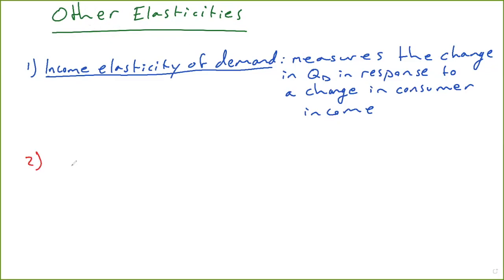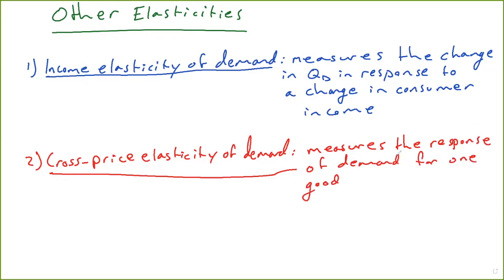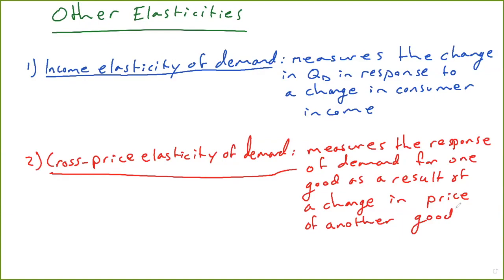The second type of elasticity we want to consider is what's called cross-price elasticity of demand. And that's going to measure the response of demand for one good as a result of a change in price of another good. So you might be wondering, why would the price of one good cause demand for a different good to change?